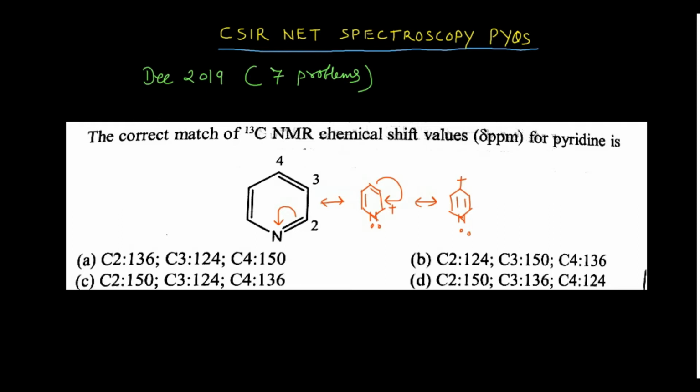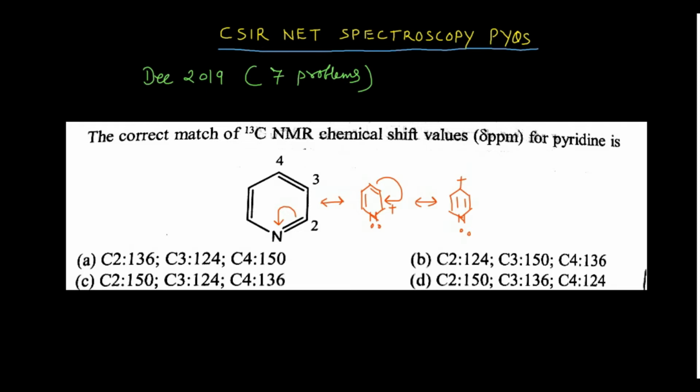Now you can see what you are observing: this carbon, carbon number 2, is electron deficient, which means it is de-shielded. Carbon number 4 also has the positive charge, so it is also de-shielded. In the 2 resonance structures we can see that position 2 and position 4 are de-shielded carbons, so their chemical shift would be very high.